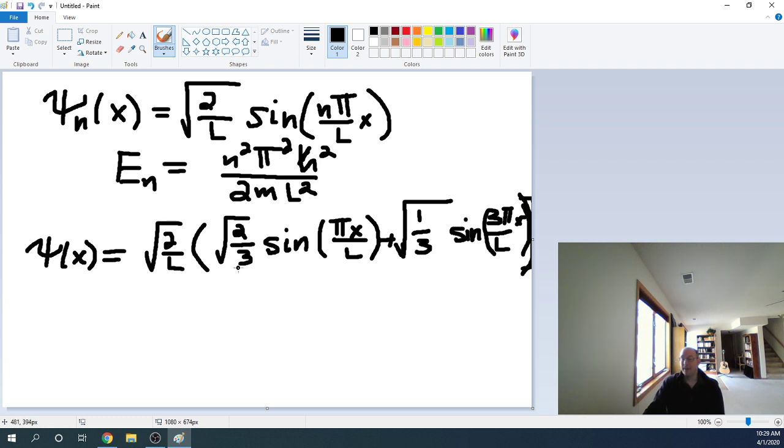But if you made a measurement, the chances are 2 out of 3, the square of this coefficient, that the energy you would measure corresponds to n equals 1. If you measured again, there would be a 1/3 probability, the square of this coefficient here, that the result would correspond to the energy associated with n equals 3.